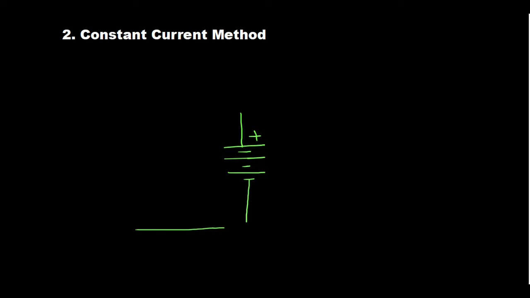Here we have to keep the current constant. Here also we will put an ammeter to know what the current flowing through the circuit is, and one fuse for the safety of the circuit.